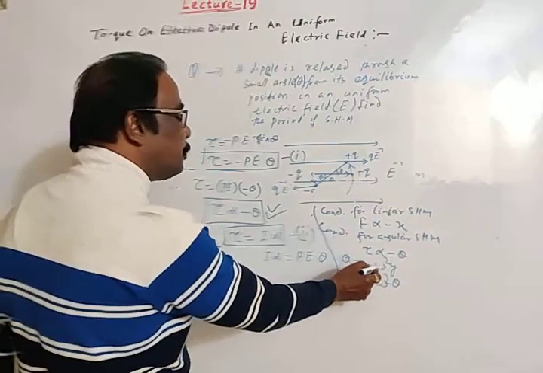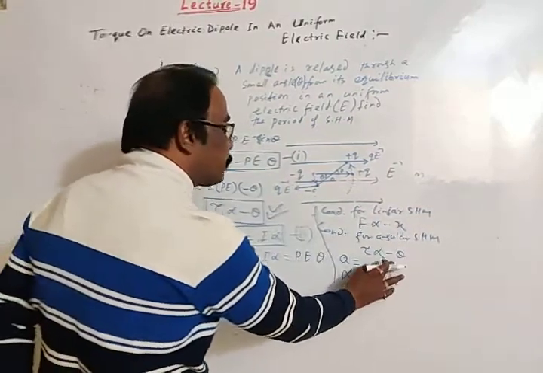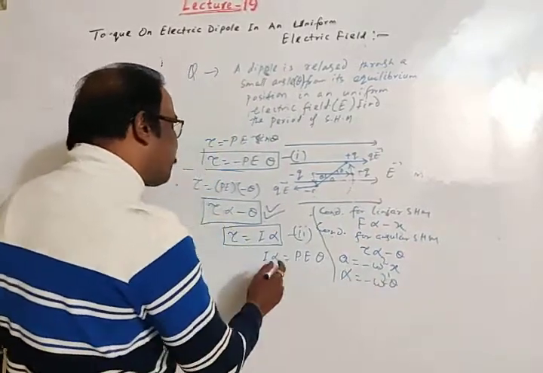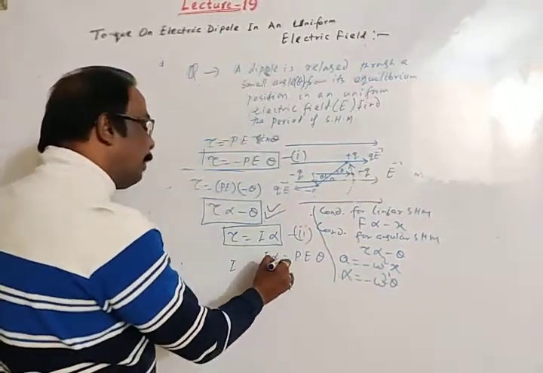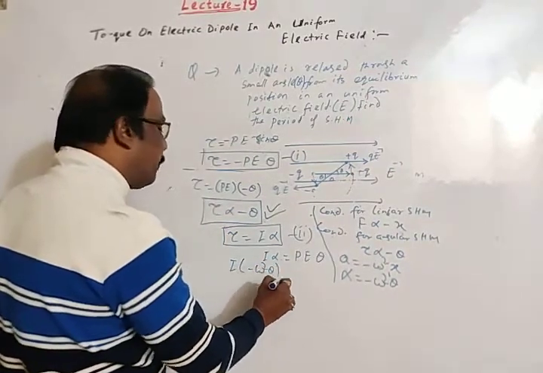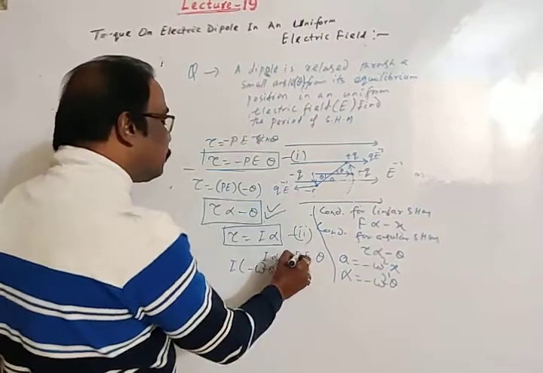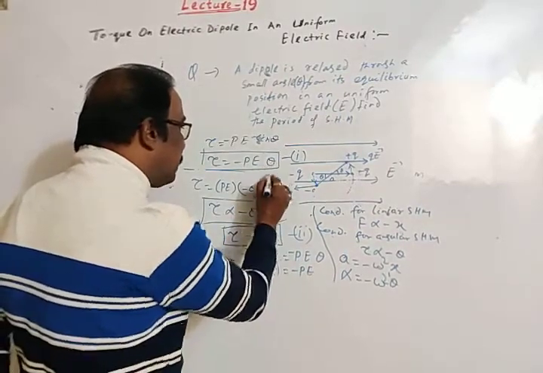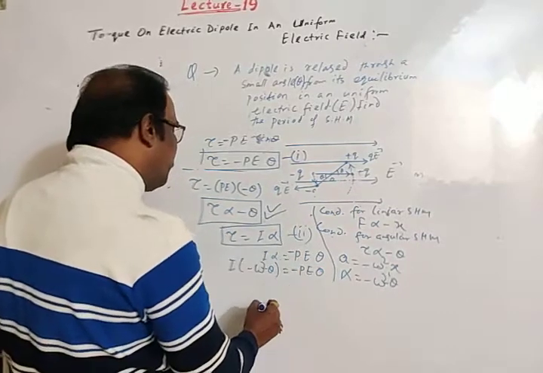Then in place of alpha, I can write minus omega square theta. So I into minus omega square theta is equal to minus PE theta.